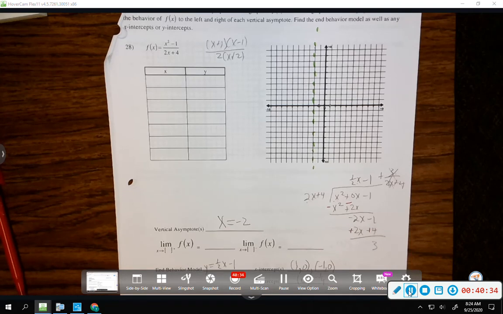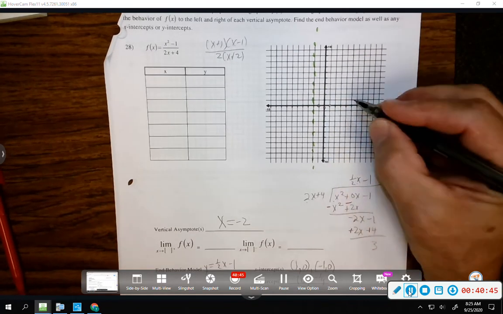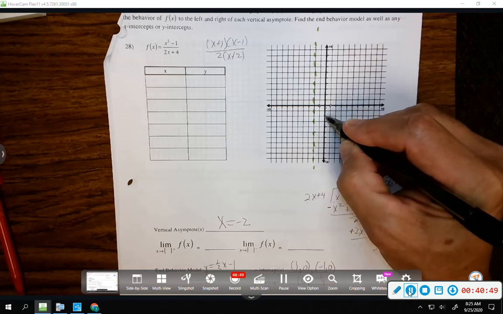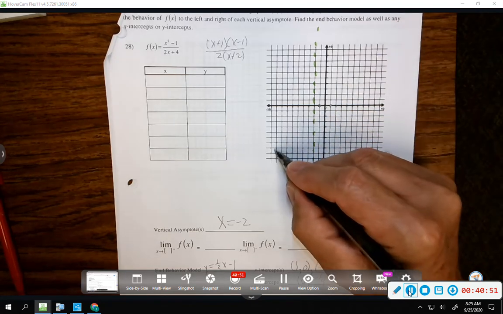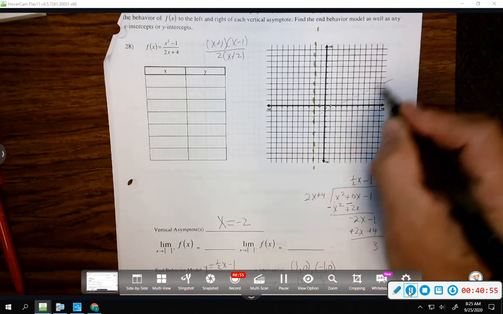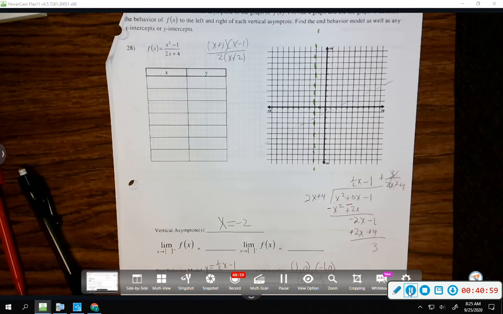So my slant asymptote, because the degree on top was 1 larger than the degree on the bottom, has a y-intercept of negative 1 and a slope of up 1 over 2, down 1, back 2 when I dot that in. There's my slant asymptote. I'll do it in this green marker so you can see it a little bit better.